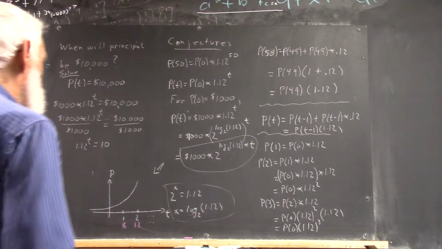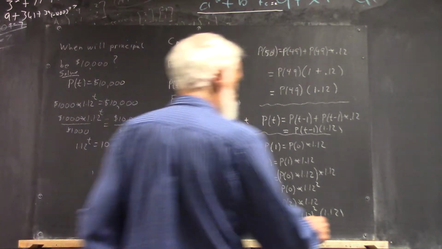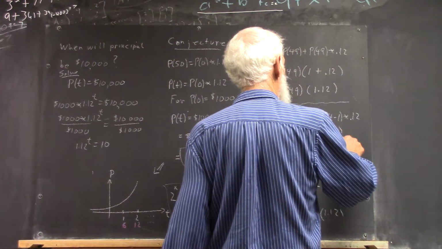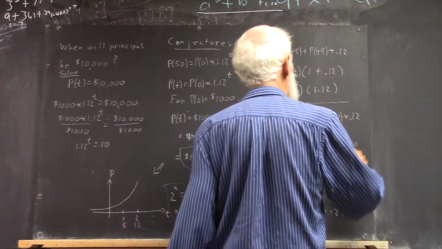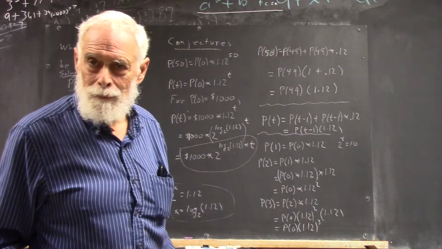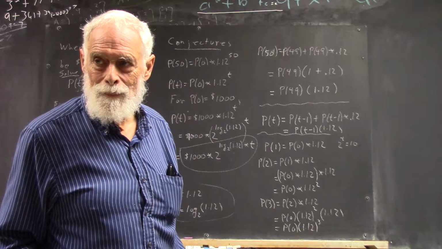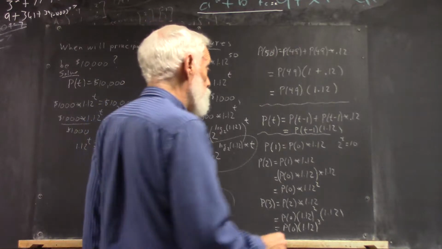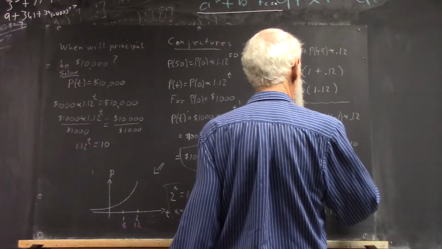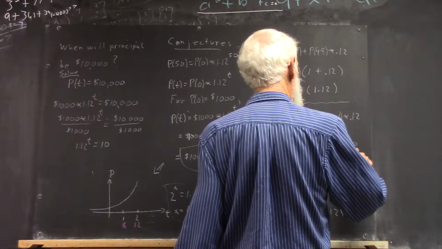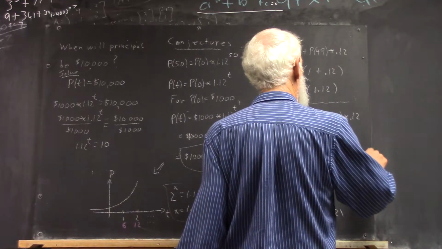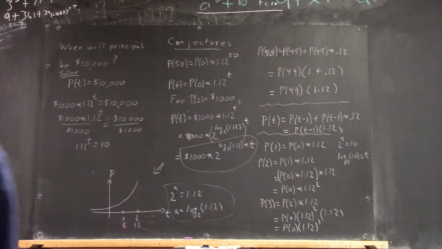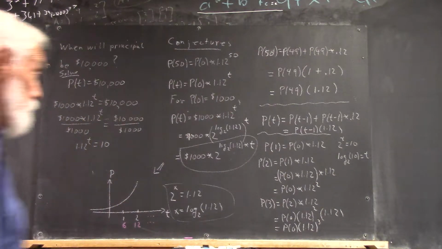Now, I'm just going to write it out here, someplace where it's not related to anything. If you had 2 to the t equals 10, how would you solve it? Well, you would translate it to logarithmic form, and you would get log base 2 of 10 equals t. And that should be second nature to you by now.